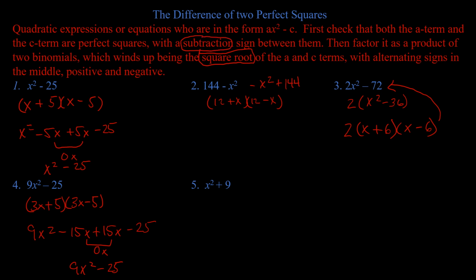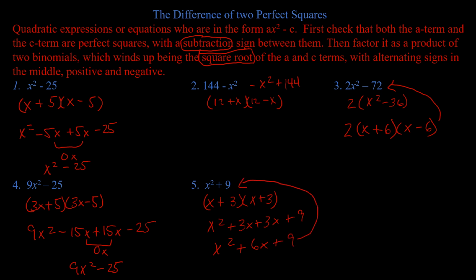So if I tried to FOIL this, or I tried to factor it, I should get x plus 3 and x plus 3. But if I FOIL that, I get x squared plus 3x plus 3x plus 9. And then you get x squared plus 6x plus 9. And that's not what we started with.